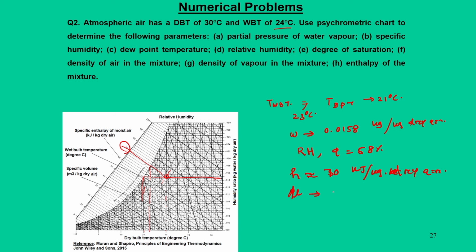So, if you look at this, 0.9, 0.88, 0.89, close to 0.88 meter cube per kg dry air.